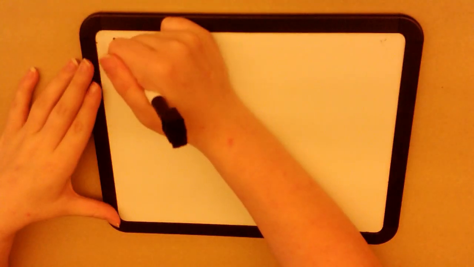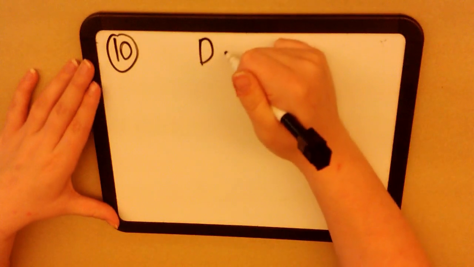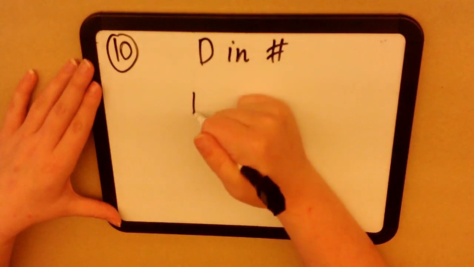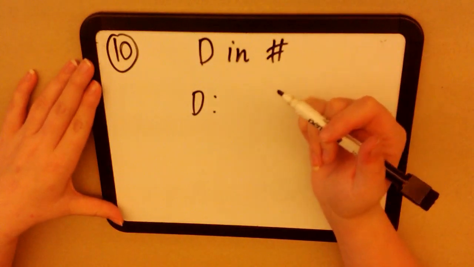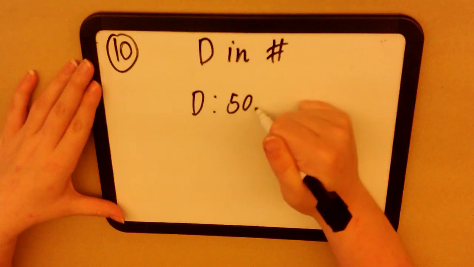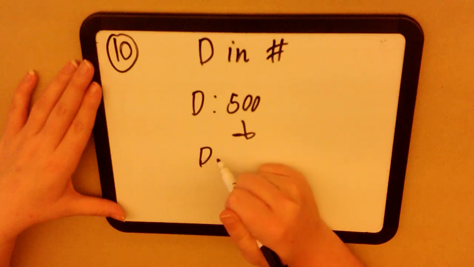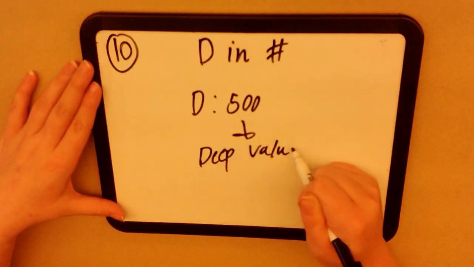And then we're going to look at number 10, which is our last question here, which is D in numbers. And so D is going to equal 500. And the way that we can think about that is that it's just like a deep value, or you can just think of it as half of M.